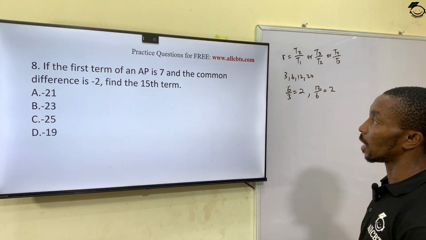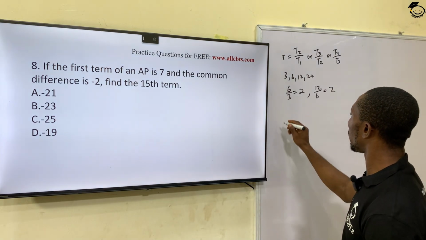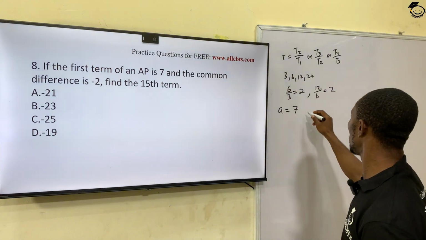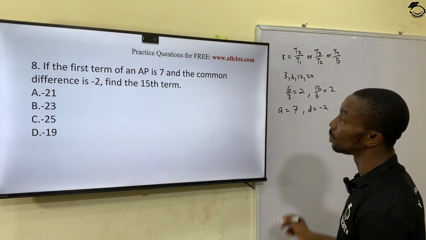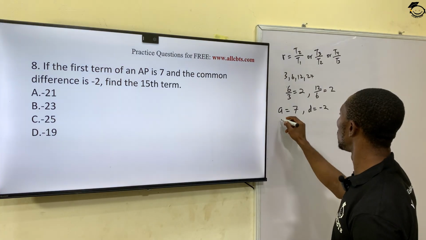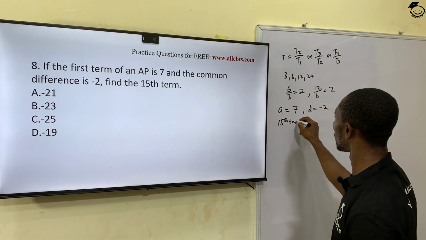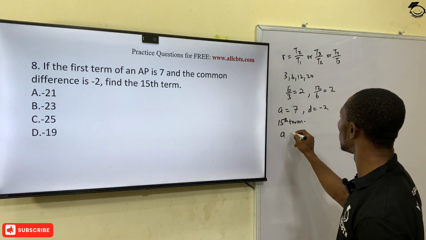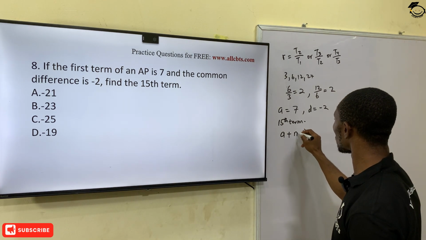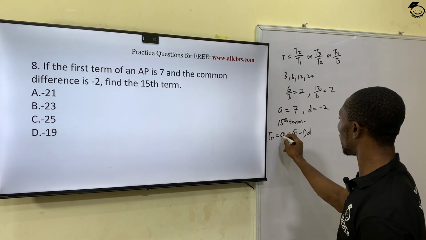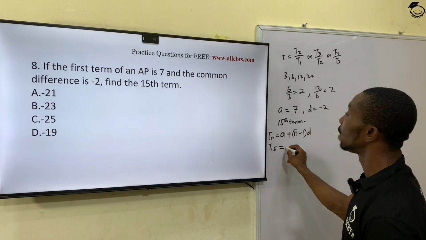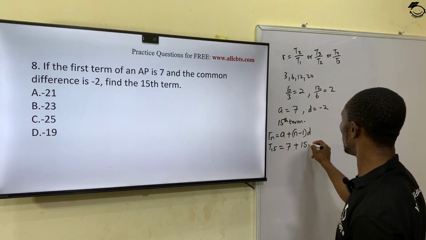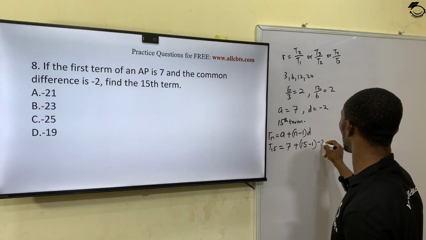If the first term of an AP is 7, now we are given that the first term A of an AP is 7, and the common difference D is minus 2. Find the 15th term. To get our 15th term, we'll be using the formula A plus n minus 1 D. So T15 equals A, which is 7, plus 15 minus 1 times minus 2.